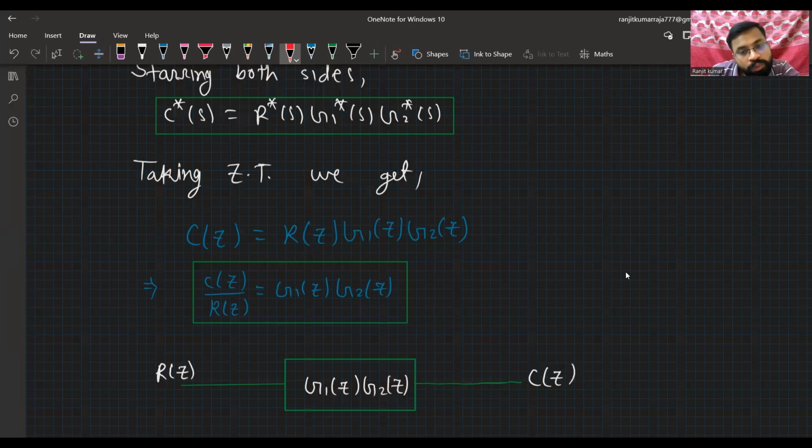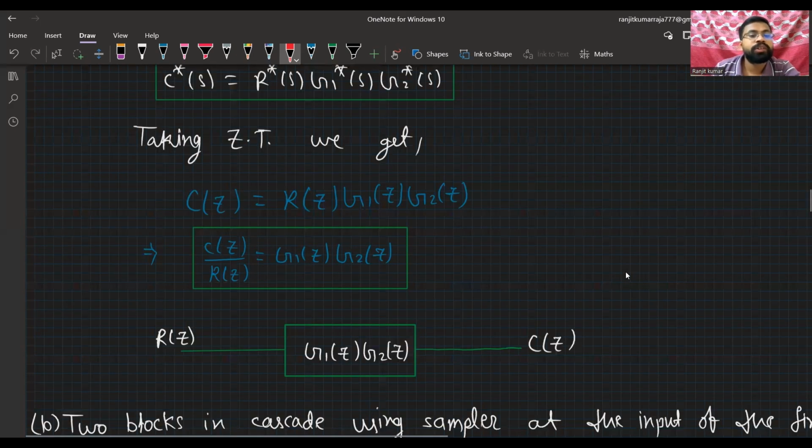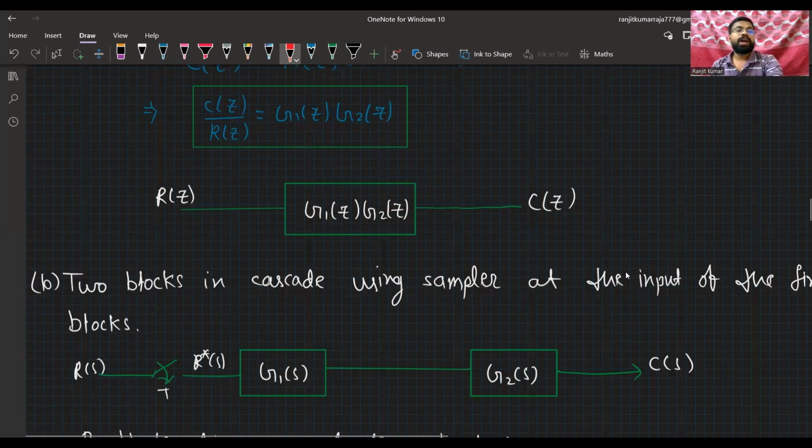Now from here we can write C of Z over R of Z, that is input. So C of Z divided by R of Z equals to G1 of Z, G2 of Z. Okay, now the reduction is a single block diagram, that is R of Z, and it is sent to the block G1 of Z, G2 of Z. Okay, after that we get a response.